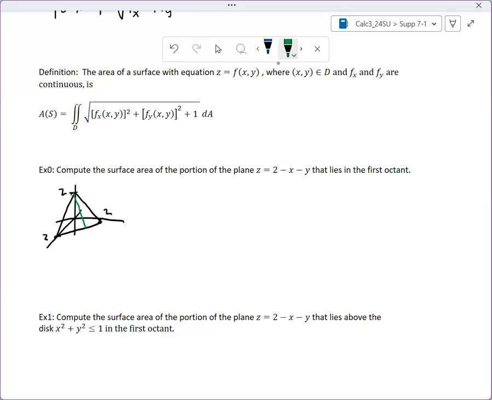So I can imagine that this triangle has a base and a height, and I could find its area as 1/2 times the base times the height.